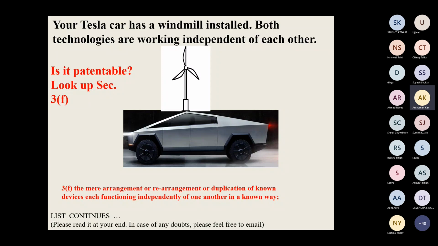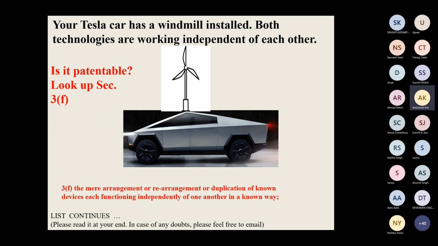Your Tesla car has a windmill installed. Okay, this is regarding 3(f), mere arrangement or duplication of known devices. So the car has a windmill installed. This also cannot be patented because the car is known and the windmill is known. They are performing their basic functions only, which they are supposed to perform.